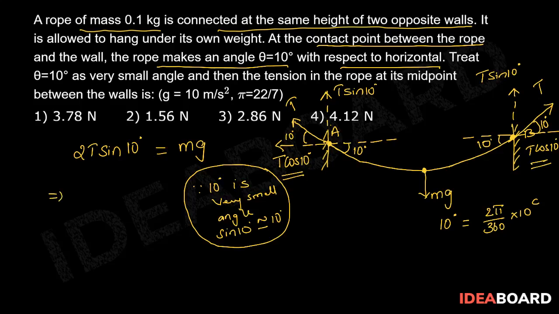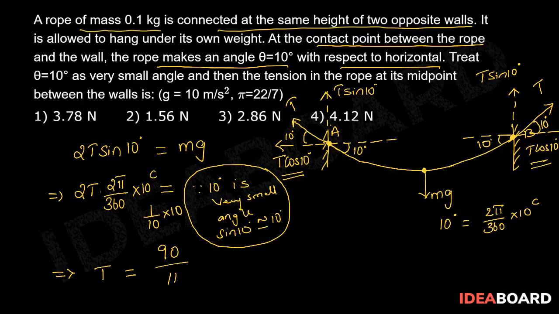So this implies 2T multiplied by 2 pi upon 360 multiplied by 10 radians is equal to mass, which is 1 upon 10 kg, and g is 10. On simplification, we can write T equal to 90 upon pi.